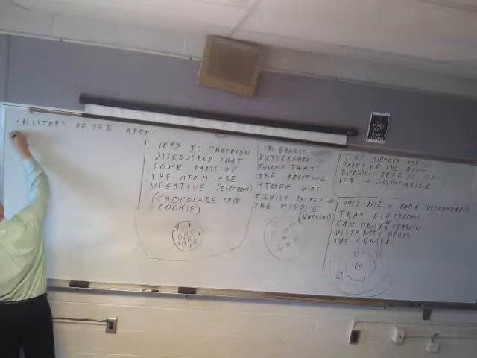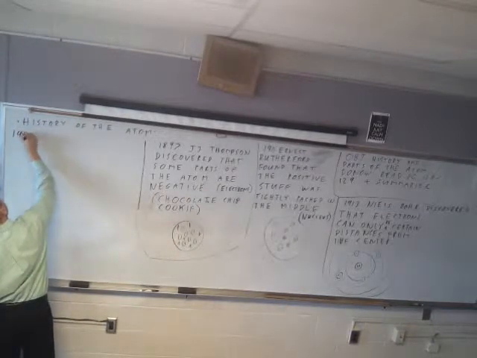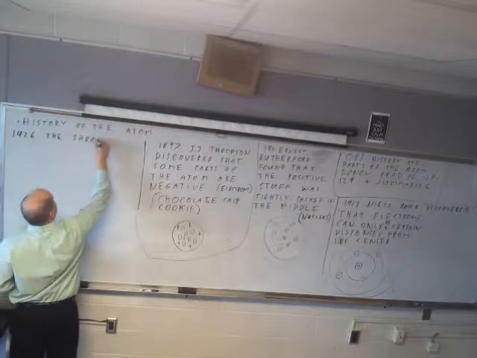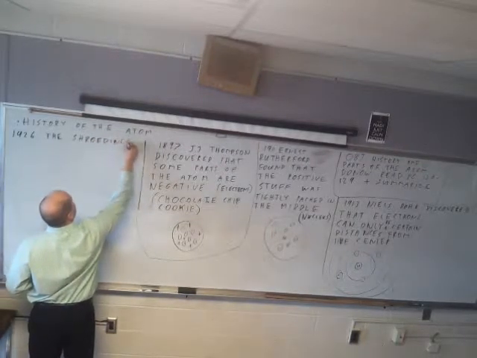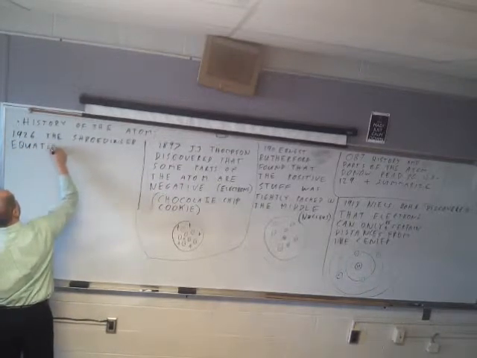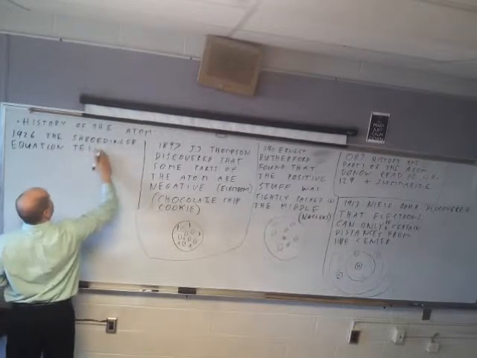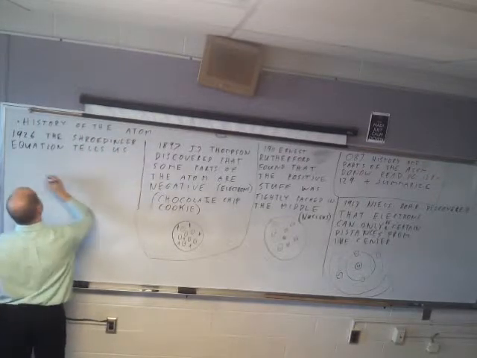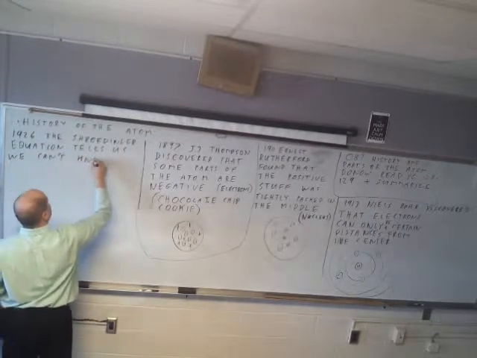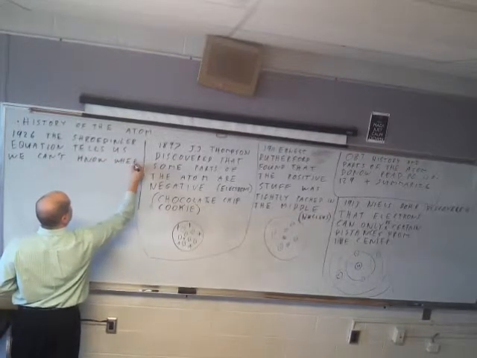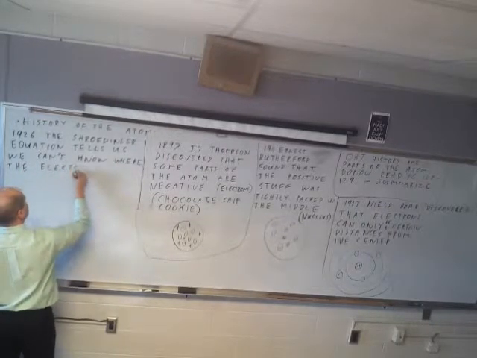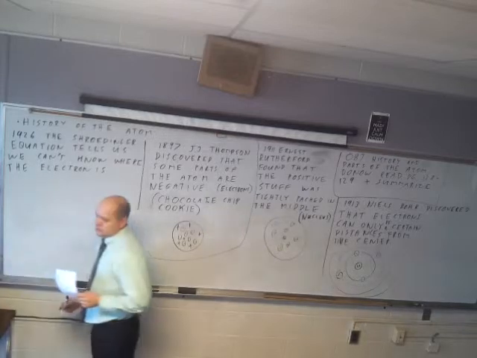The last one, 1926, right? 1926, the Schrodinger equation tells us we can't know where the electron is.